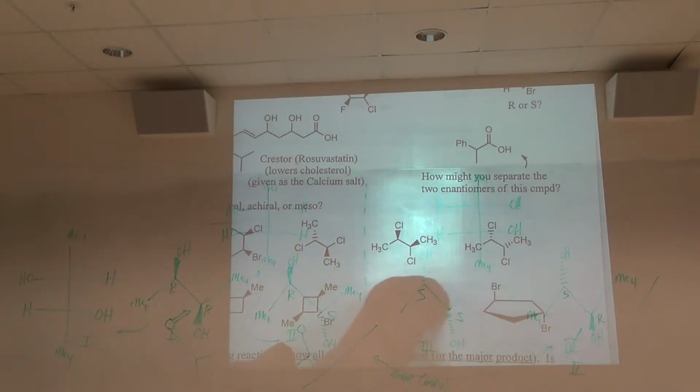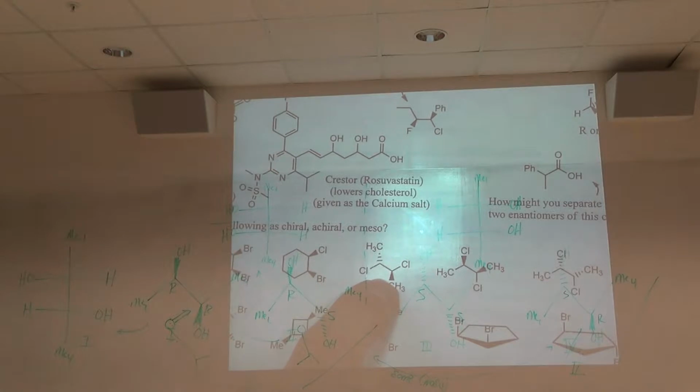We'll look at them tomorrow. Basically, you're looking for a plane of symmetry. If you can find one, then it's not a chiral compound. Does that have a plane of symmetry? I'd recommend drawing it in a Fischer projection. Then the planes are much easier to see.